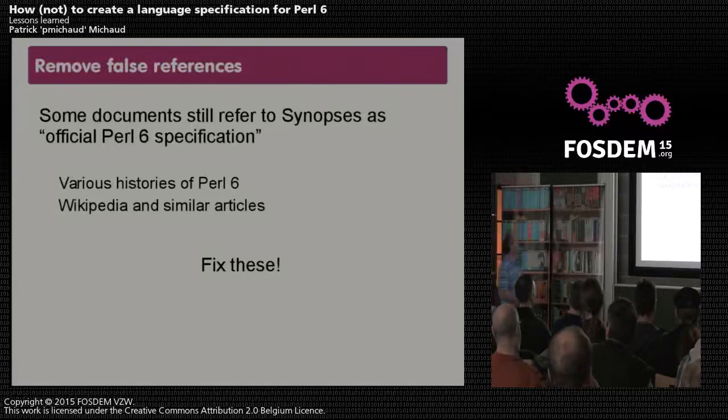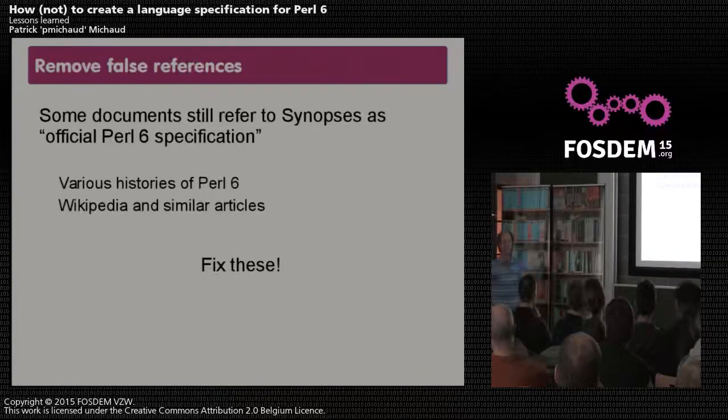You know, just doing a couple of Google searches for Perl 6 language specification brought up pages where it says the synopses are the official Perl 6 language specification. In fact, last year at the Austrian Perl Workshop, I finally got fed up with the Perl 6 homepage for the synopses on perl6.org starting out by saying the synopses are the official specification for Perl 6. And so I just finally committed a patch and said, I'm done with that. We need to stop doing that.